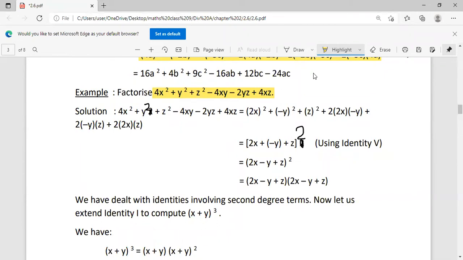If there is nothing to take common, like in this question, we won't get anywhere. Even if we take 4 from each and every term, we don't get any of the formulas or identities we had here. In that case, look for the number of terms. See how many terms this polynomial has.